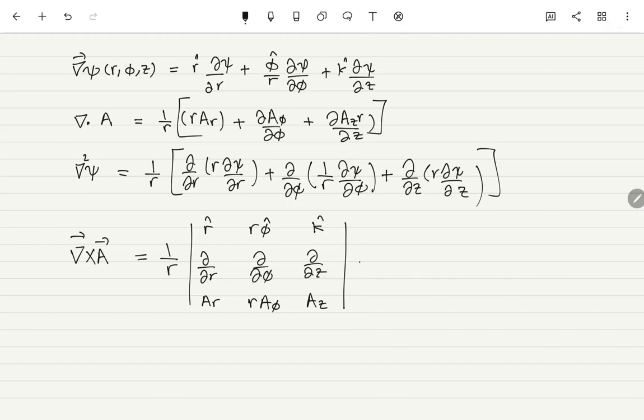Again, you don't have to remember all these quantities in cylindrical coordinates. They will be given to you whenever you need them.